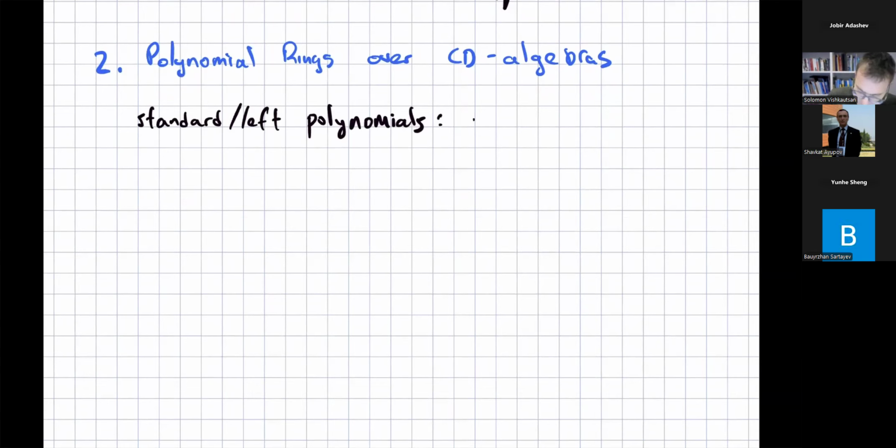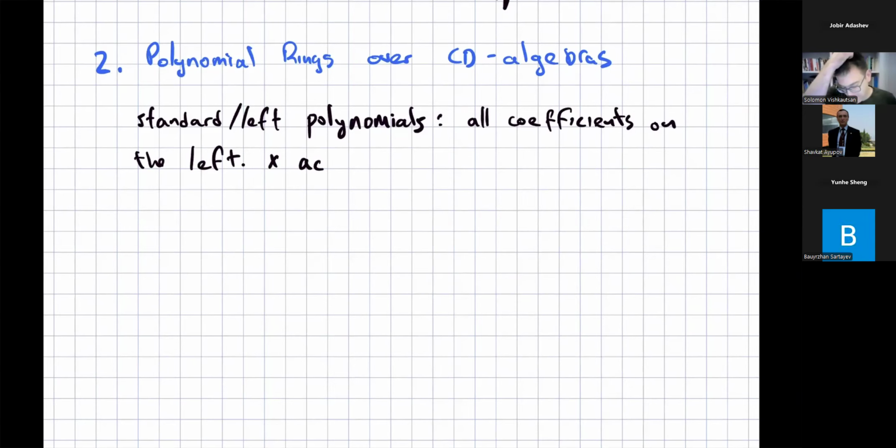So we put all coefficients on the left. We could have put all the coefficients on the right as well, it doesn't matter. And our variable x, or variables if we have multivariate, act as central elements of the algebra.